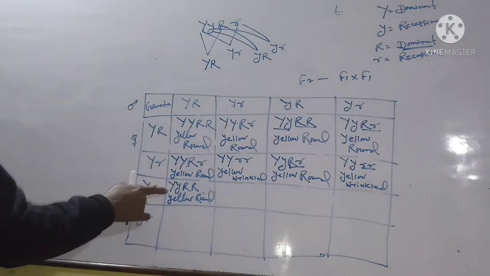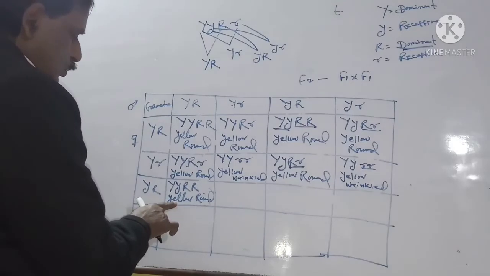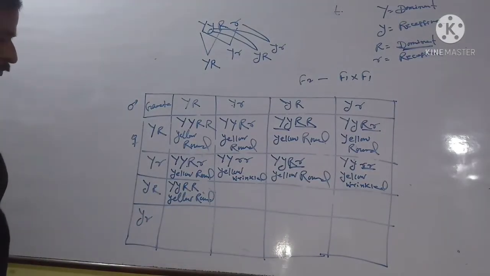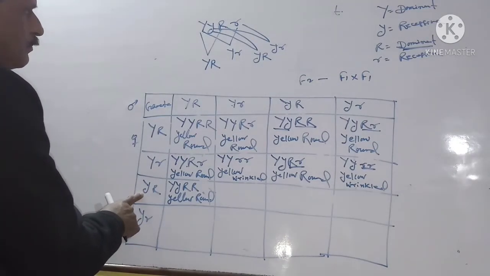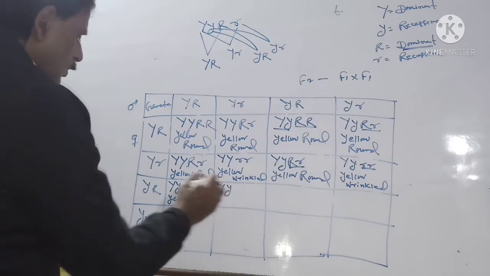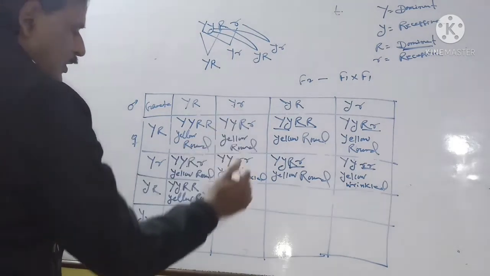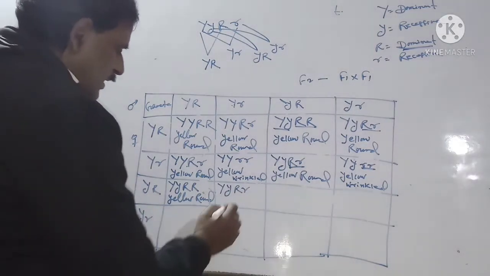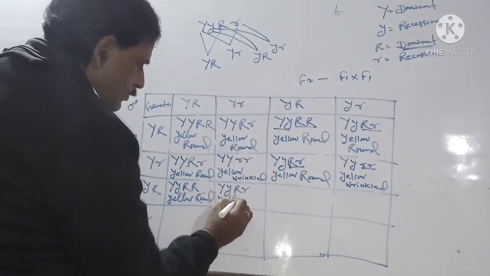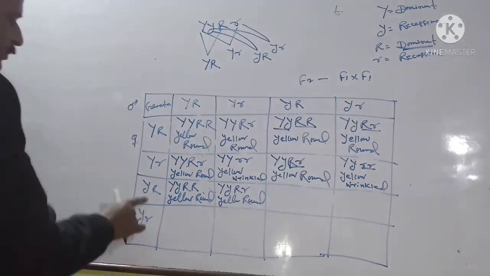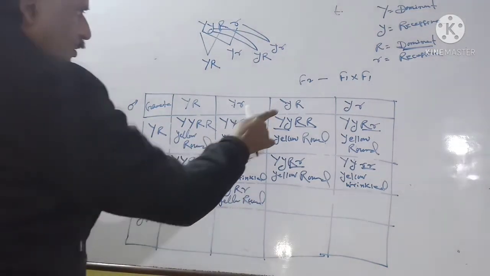Capital Y is dominant, so it is yellow, and capital R indicates round. Here yellow round.